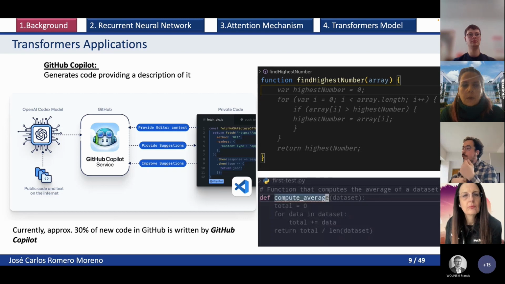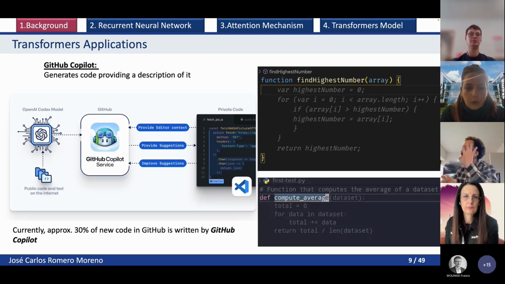But then they thought, programming language is also text, so why can't we train this model, but instead of plain text, with code from GitHub? So they trained a new model with the entire GitHub repository, and they released GitHub Copilot. It's similar to Dall-E or Stable Diffusion: you write a description of the code that you want, and it generates a suggestion of code, like you get a suggested image with Dall-E 2.